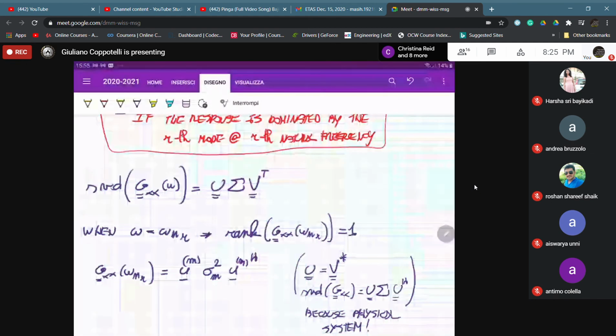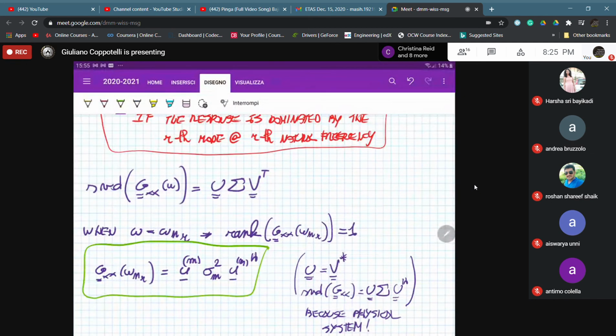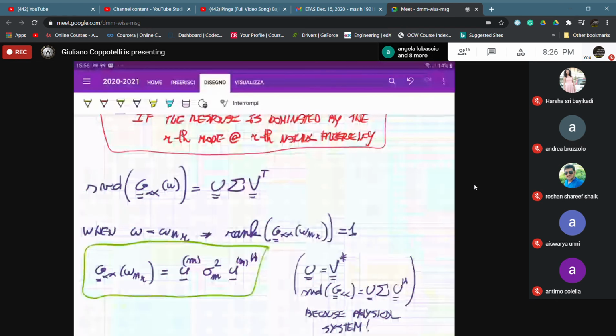Generally, the SVD, so the singular value decomposition algorithms, are ordering your singular values from the largest to the lowest amplitude.